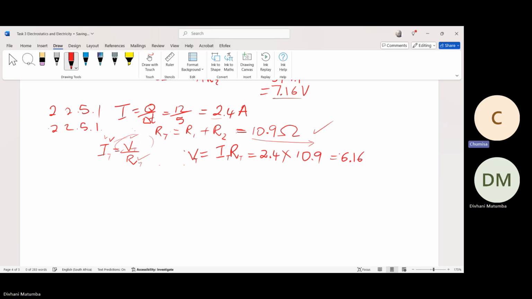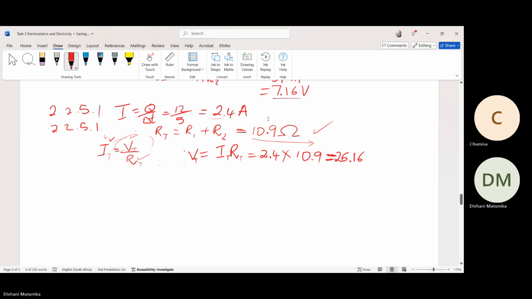Okay, so that is the total voltage across the battery. You agree? Yes, sir. Okay.